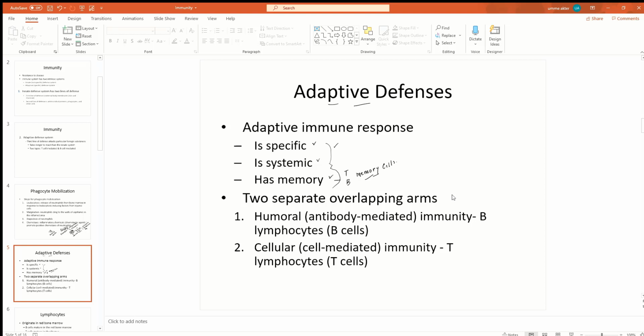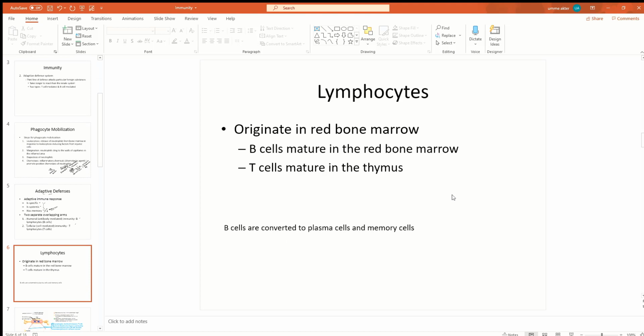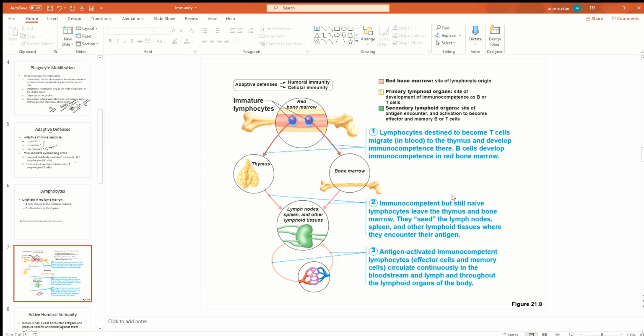Okay, so we already talked about two branches of adaptive immunity: T cell mediated and B cell mediated, cellular and humoral, right? We talked about that. You already know that B lymphocytes get immunopotent in the bone marrow. We talked in the last class that the lymphocytes are produced in the bone marrow.